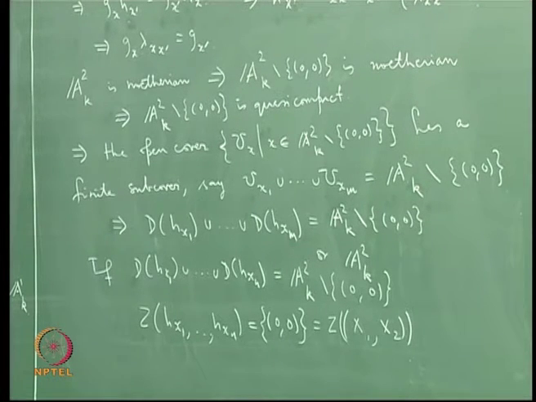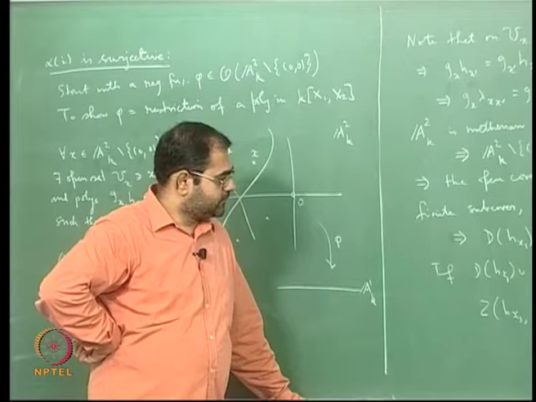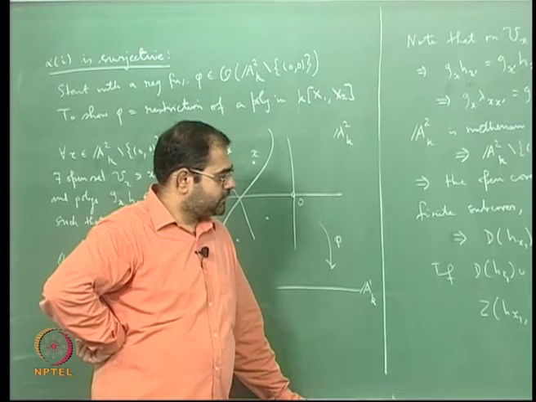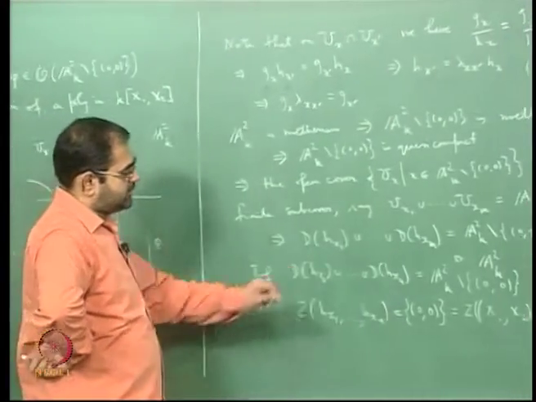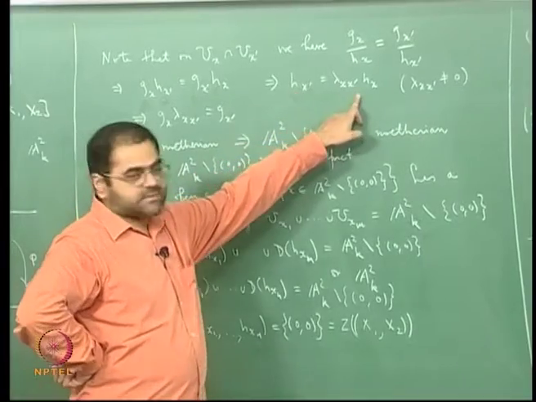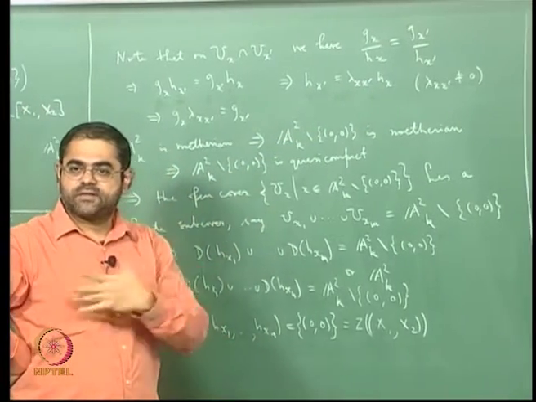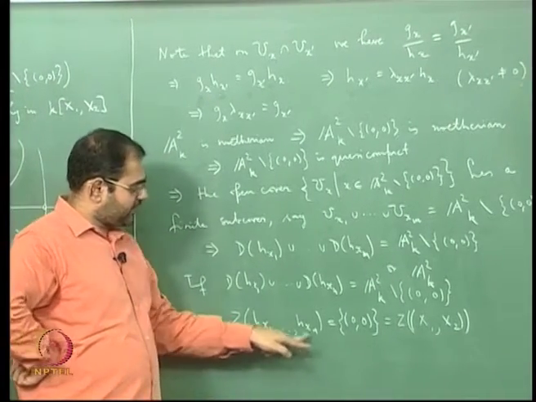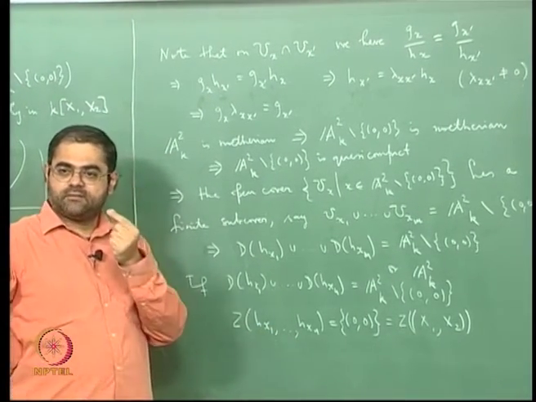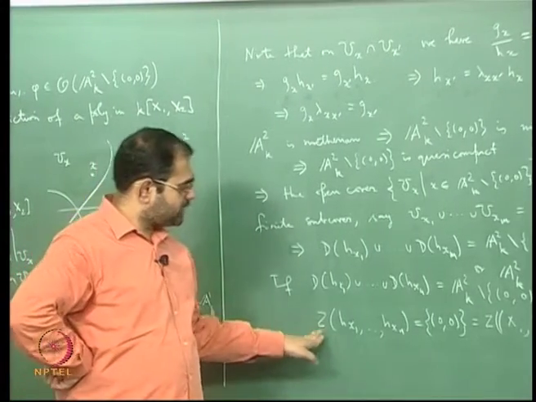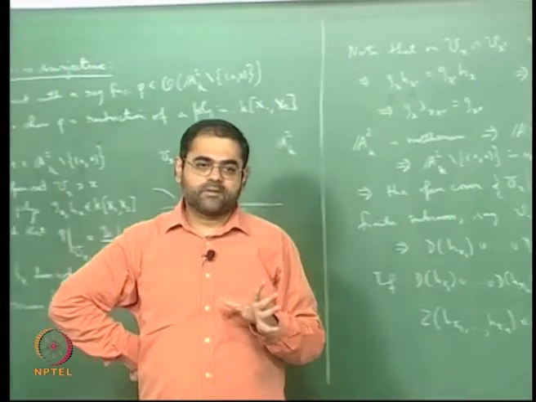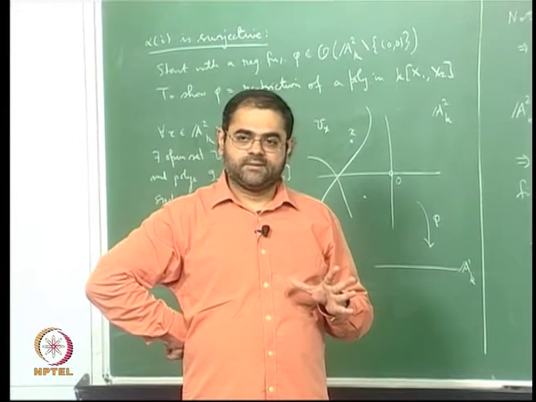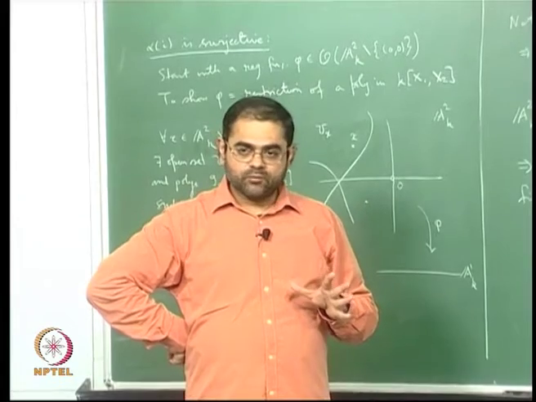But you see, and mind you, all the h's are constant multiples of one another. So if you look at the zero set of all the h's, it is essentially the zero set of a single polynomial, and you are saying the zero set of a single polynomial is a point, which cannot happen, because the zero set of a single polynomial has to be a curve.